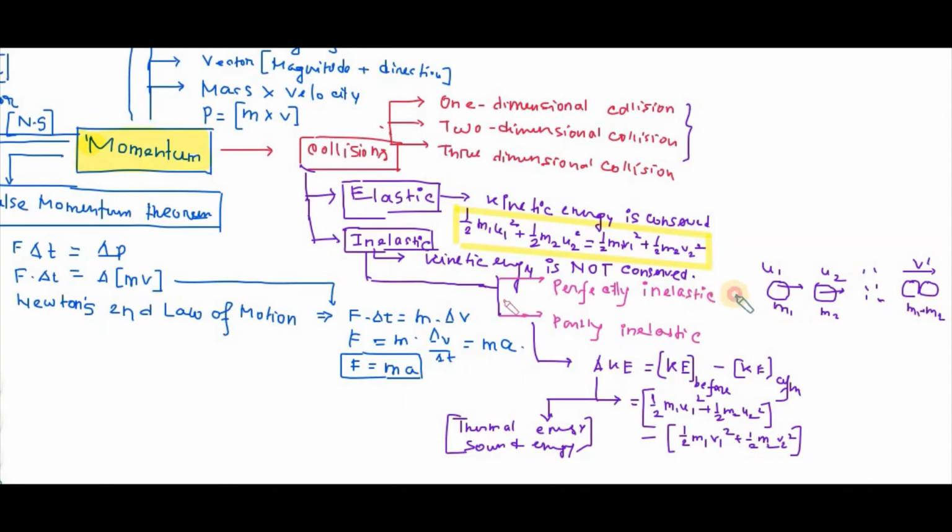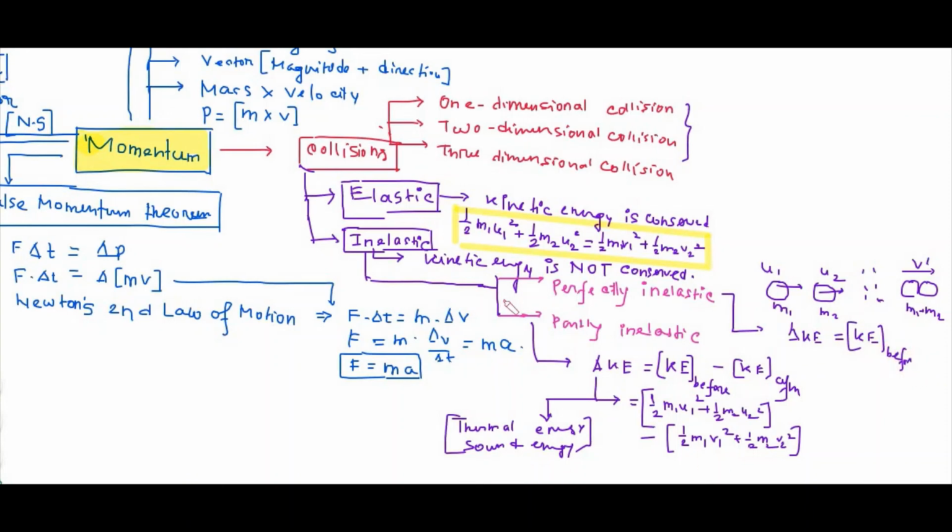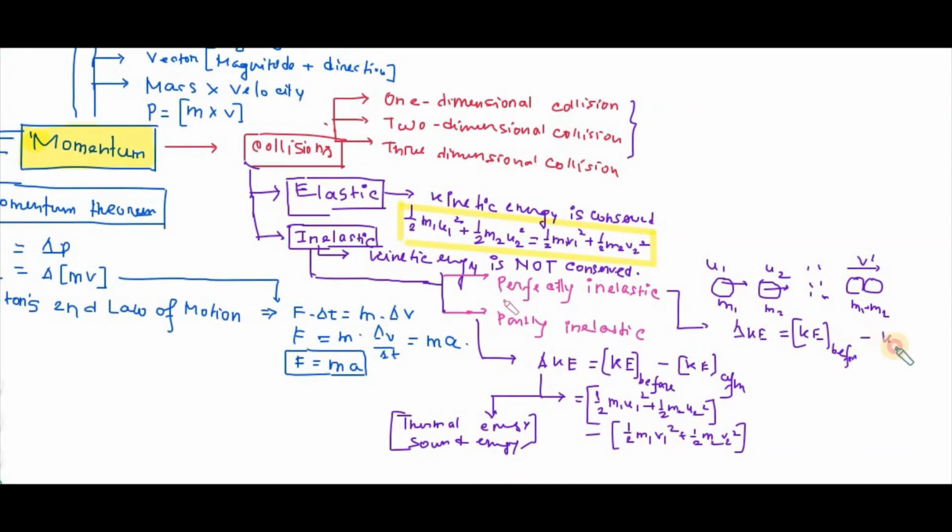In that case, the total loss in kinetic energy, delta KE, is the kinetic energy before the collision minus the kinetic energy after the collision.